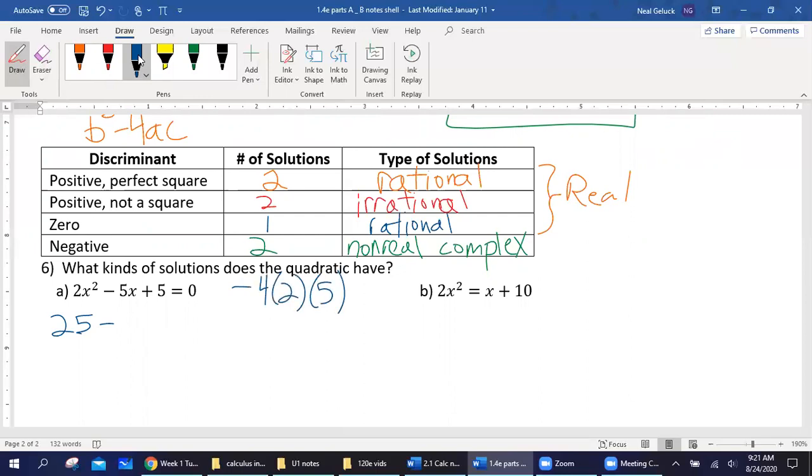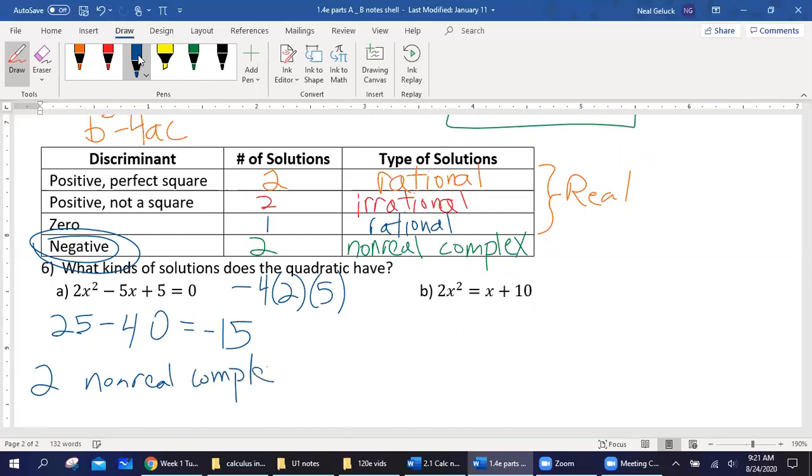So that's going to give me 40. So 25 minus 40, that's a negative number. So that falls into this category. So I know this is going to have two non-real complex answers. Basically, there's going to be an i in the answers.